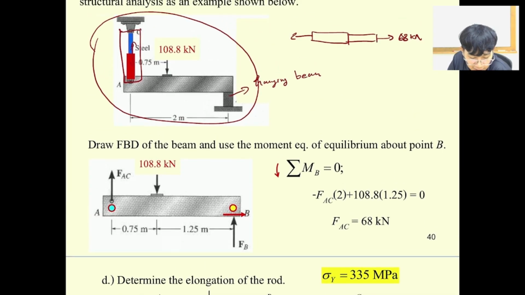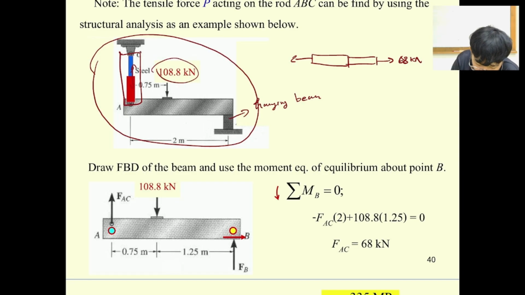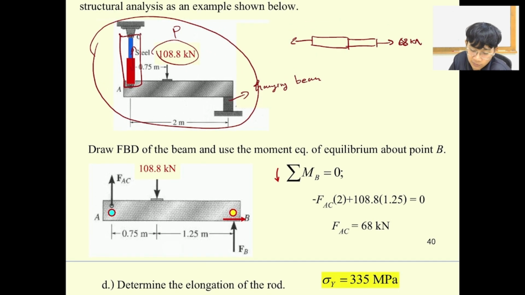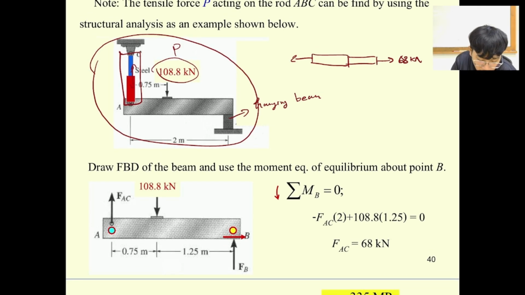But if you would like to find it, of course we can. For example, if I have the point load over here equal to 108.8 kilonewton, you say, okay, I would like something more complicated. So I want to challenge myself. So this rod is going to be the two force members. If you remember from engineering statics, we have force P over here equal to 108 kilonewton acting at this point.